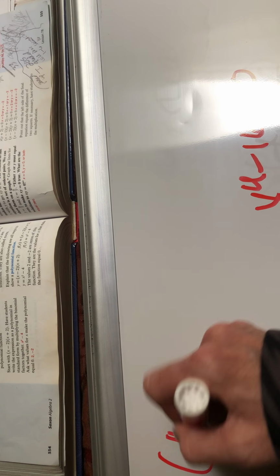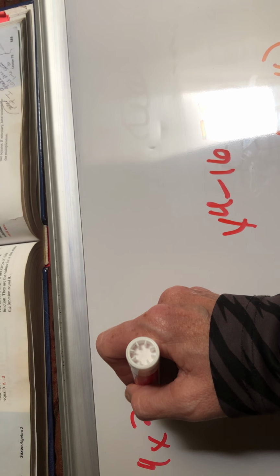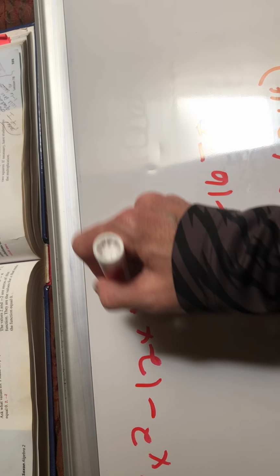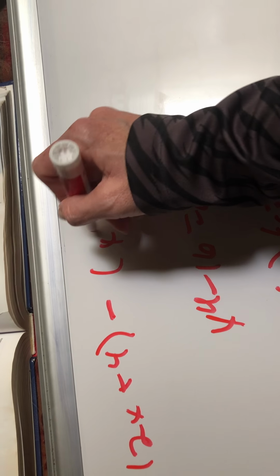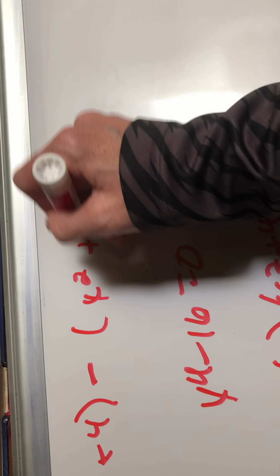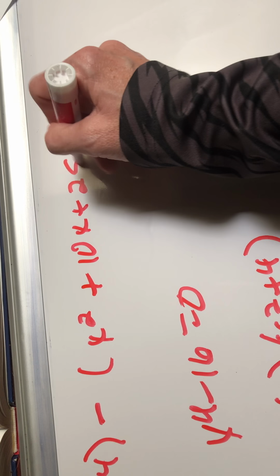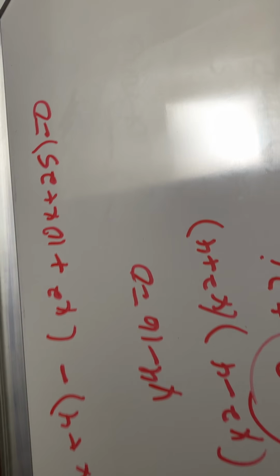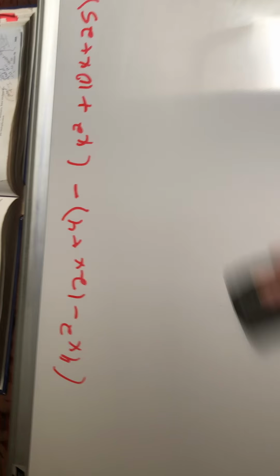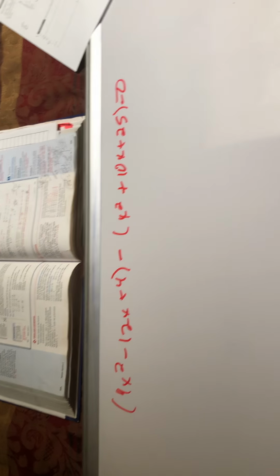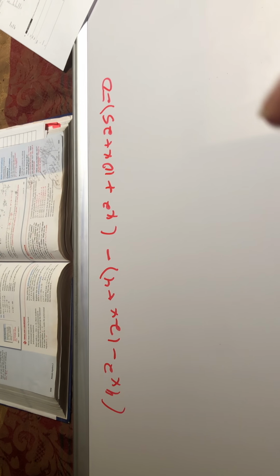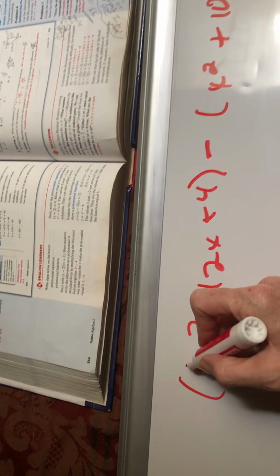Okay, let's see. Then we have 9x squared minus 12x plus 4 minus x squared plus 10x plus 25 equals 0. Okay, so when you have these two trinomials put together like this, this is a 9.